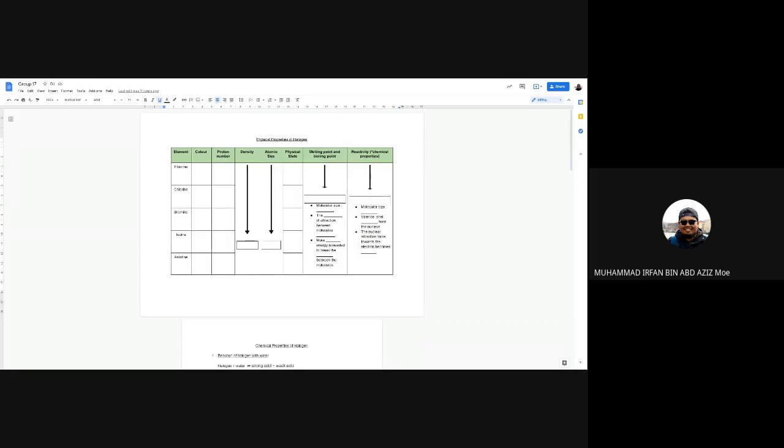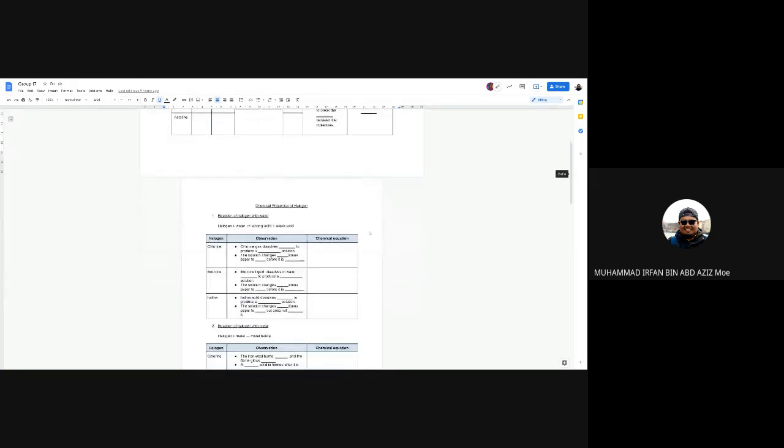We have one for the physical properties. Remember, on the right-hand side, reactivity is not a physical property, but I put it here so it is easier for everyone to compare. Remember, reactivity is a chemical property.